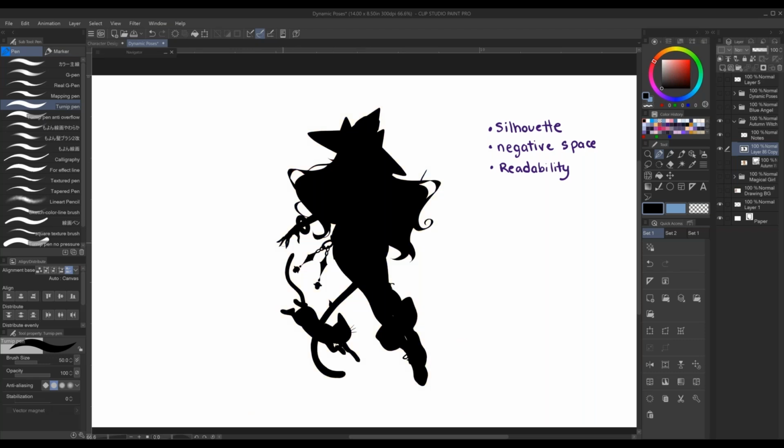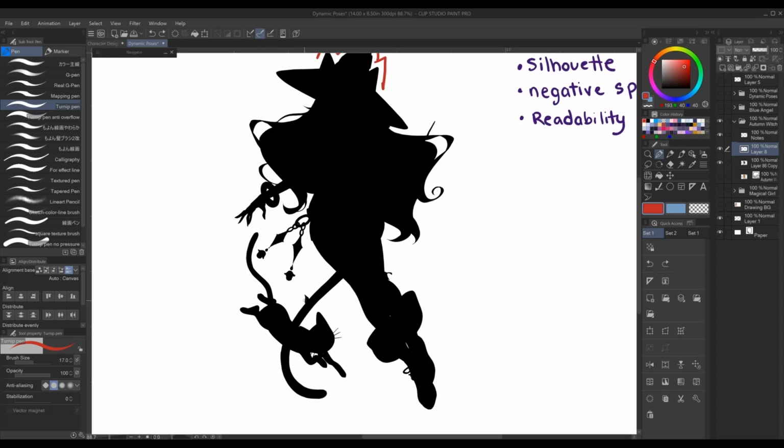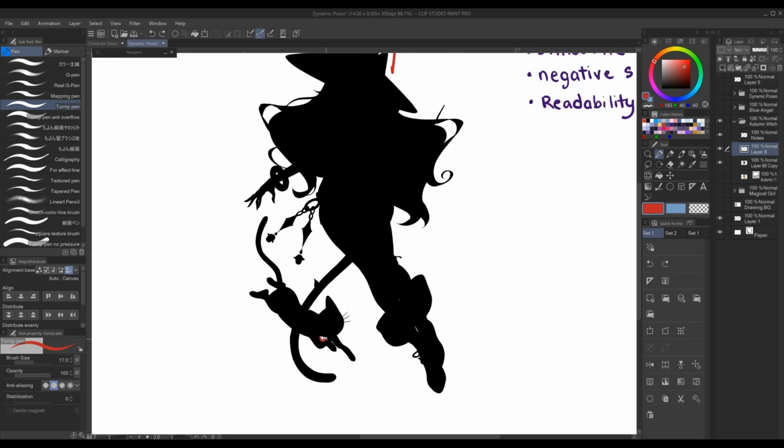However, you can see this one. But I do like the readability of her hat. We have these distinct ears here, and we can see there's a little bit of a gap here, so we can see that these are shoes and that she has maybe these big traveler shoes on. The cat is also pretty readable because we do have gaps in between the feet.